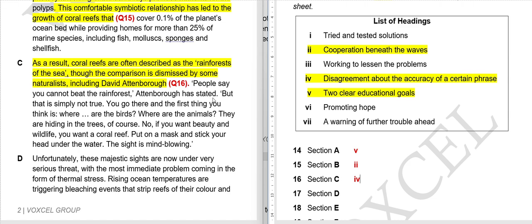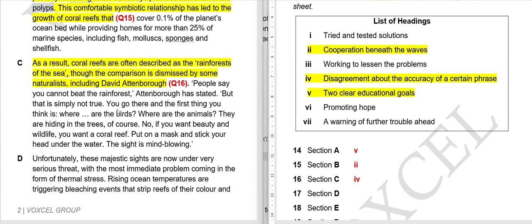Okay, we'll read further. People say you cannot beat the rainforest, Attenborough has stated, but that is simply not true. Again, he is disagreeing with this particular statement. You go there and the first thing you think is, where are the birds, where are the animals? They are hiding in trees, of course.